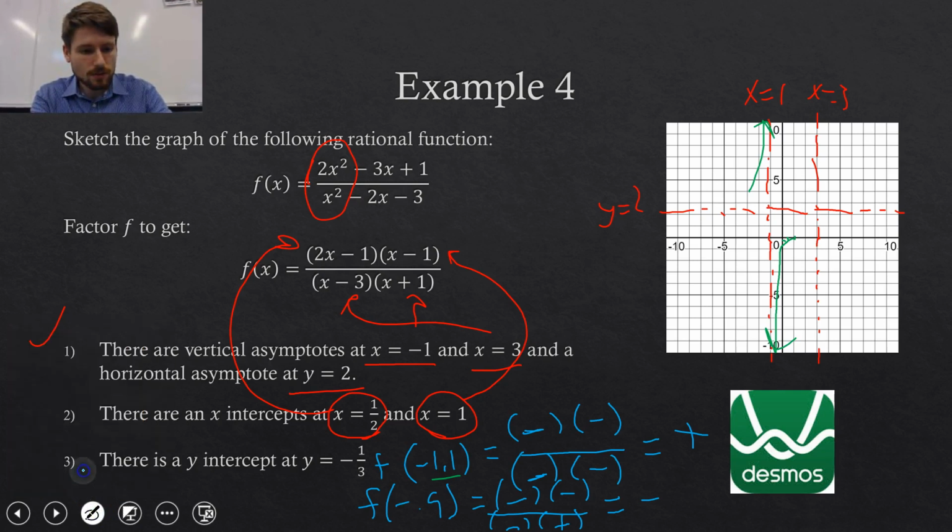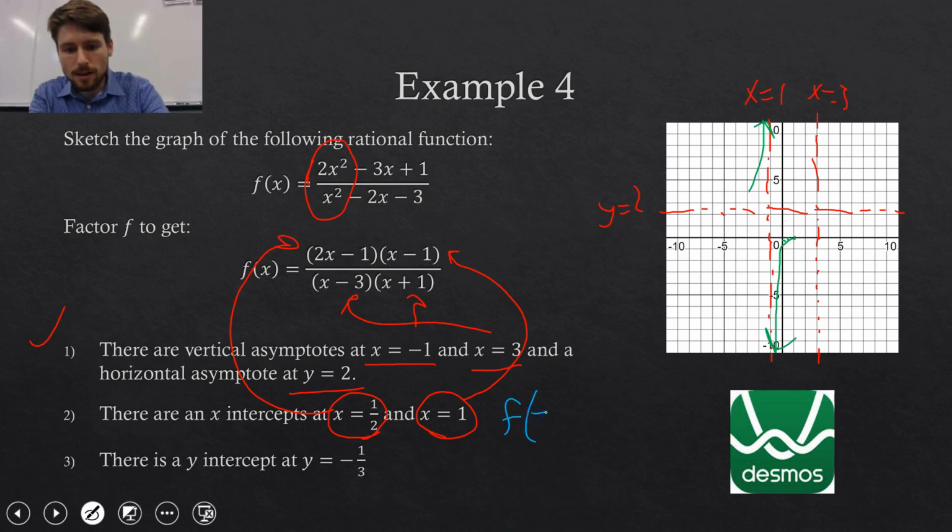So we can look again on either side of 3. Okay, let me go ahead and erase this. So f of 2.9, we're just to the left of 3 now.